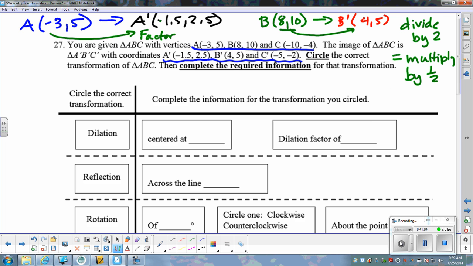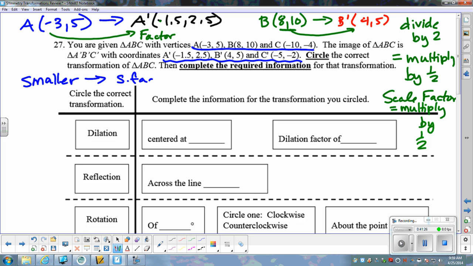And when we're talking about scale factor, it is always in the form of multiplication. So it would be saying multiply by 1/2. So that means the scale factor is 1/2. And again, it's getting smaller, meaning that the scale factor should be less than 1.